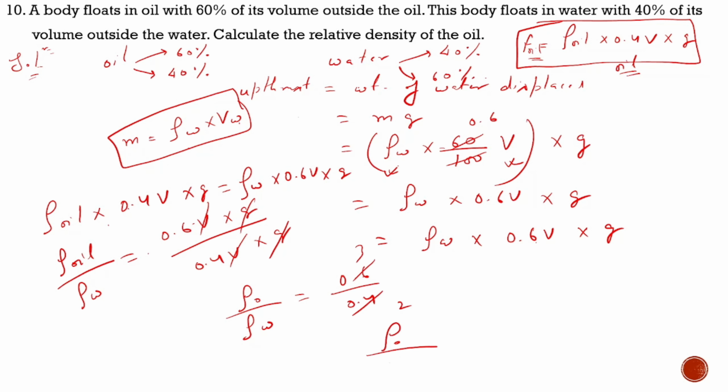So density of oil by density of water is equal to how much? 3/2 or 1.5.